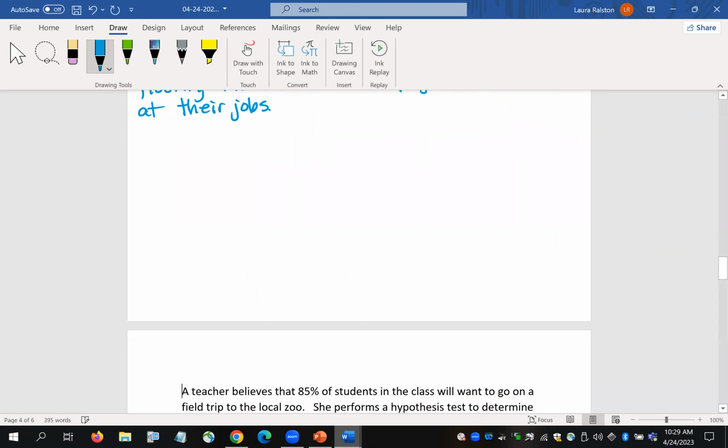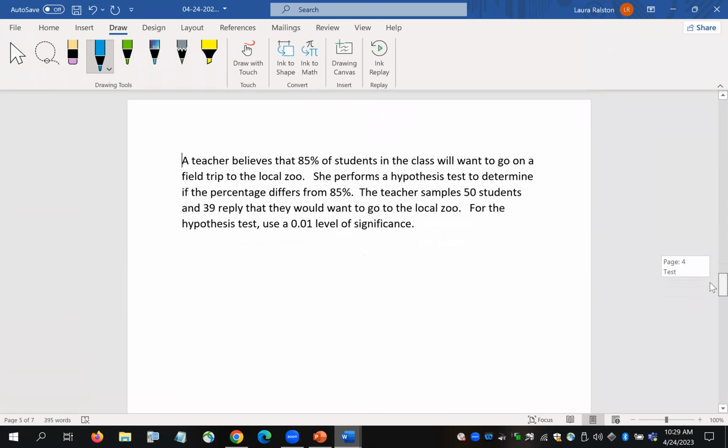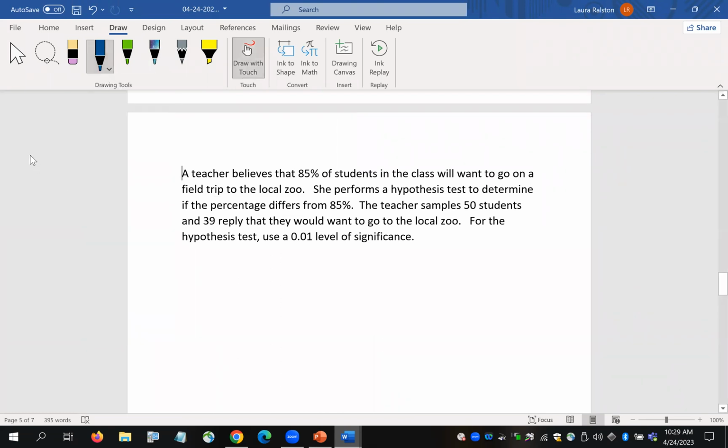So again, if you're thinking about this problem and reading through it, the first thing that jumps out at me so that I can identify that this is a one proportion z-test is that nowhere in this paragraph is there a mention of the mean. In fact, I have percentages, which is the big clue that it's going to be a proportion.